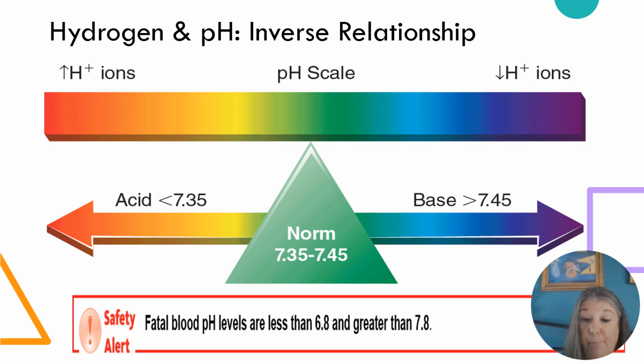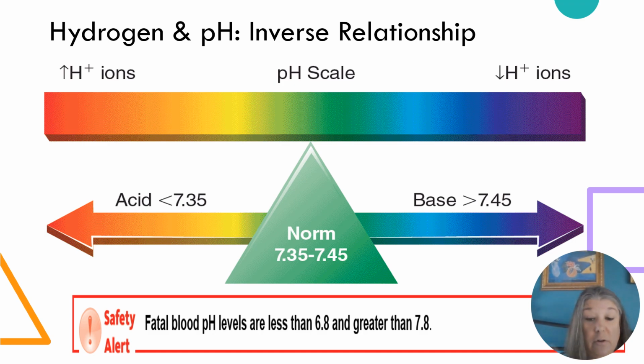And remember, the body has a very narrow pH balance, 7.35 to 7.45. That's 0.1 of a difference, right? We don't have a whole lot of range, okay? So just keep that in mind. There are fatal pH levels less than 6.8 and greater than 7.8, right?